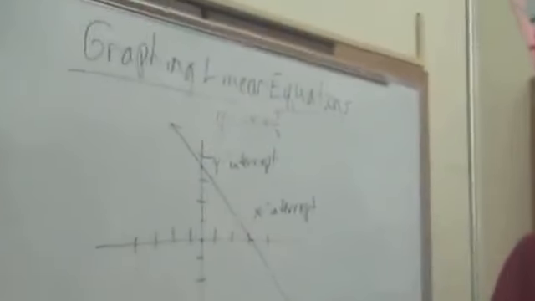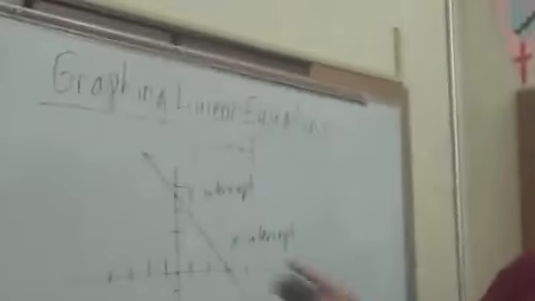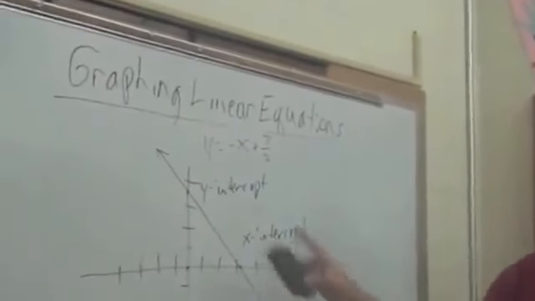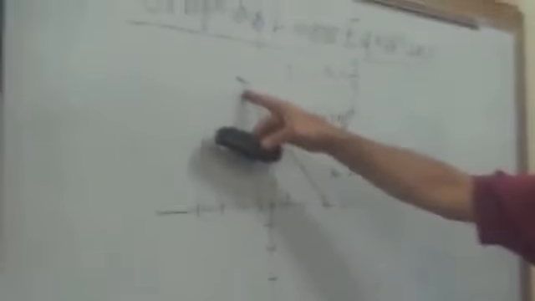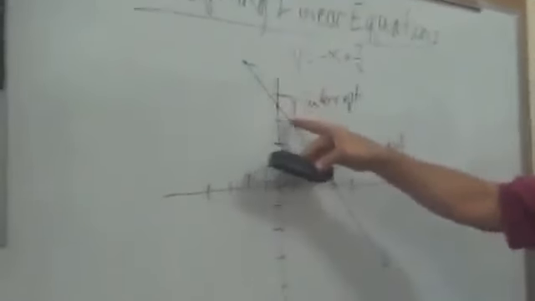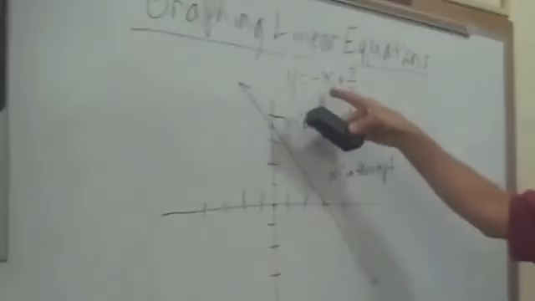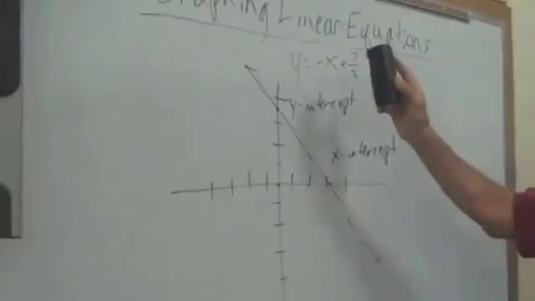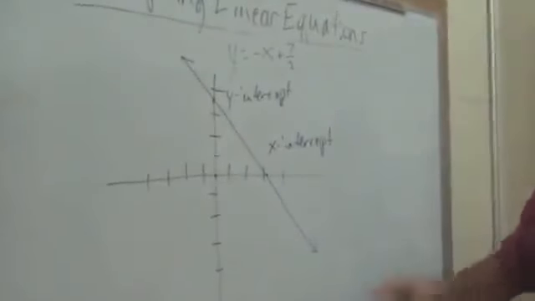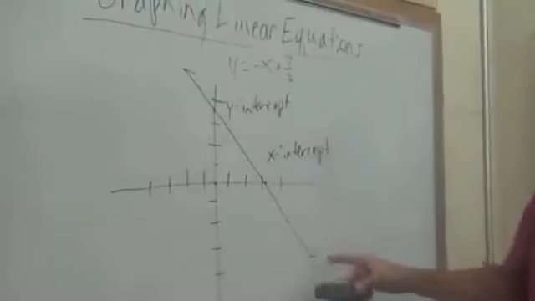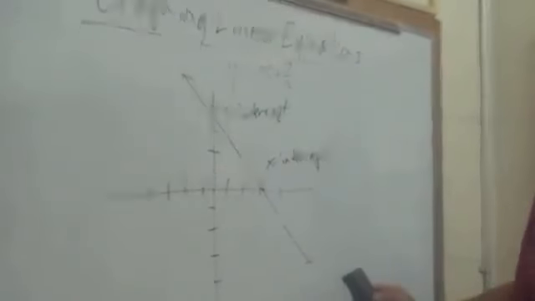You could never list all the coordinate points that make it true. So therefore, we use a graph. The graph shows you every single infinite point that can make that equation true. Does that make sense at home? Good. That's why we have arrows on it, because it goes on forever in every direction.